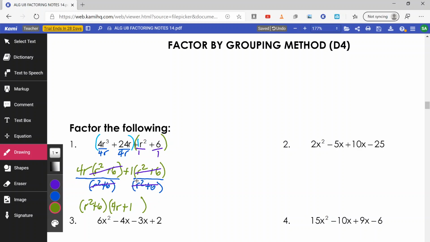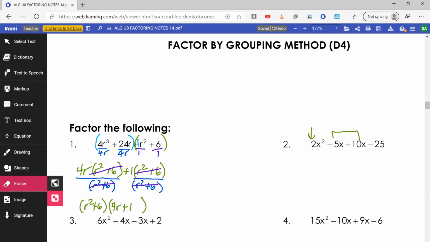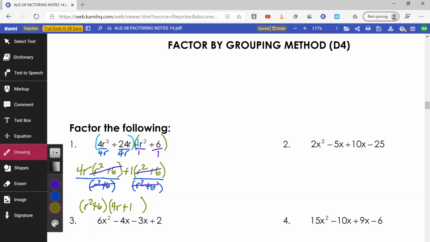If I look at number 2, we have 2x squared minus 5x plus 10x minus 25. Ordinarily, it looks like we could combine like terms. We do have the x's here in the middle, but my issue is I have a 2 out front. So in this case, it's probably easier just to use the grouping method and pull off common factors that way.